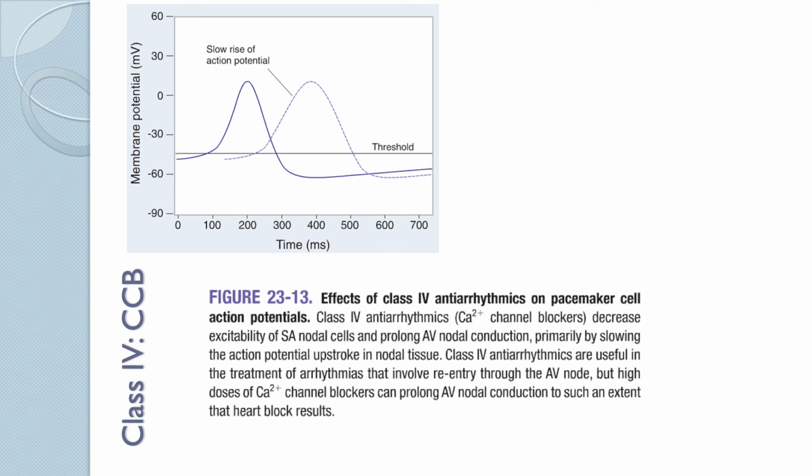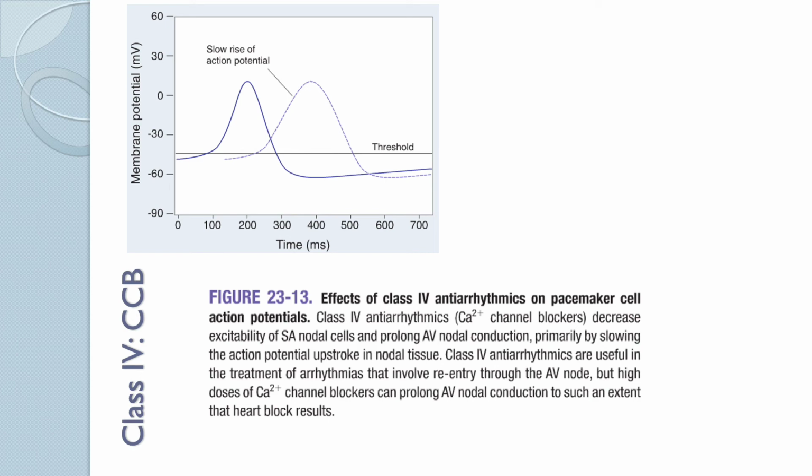Again, we are looking at those calcium channel blockers which mainly target the heart, right? Similar to what you've read about CCB in other classes, it mainly affects the heart rate as well. It causes a slower or delayed next beat.